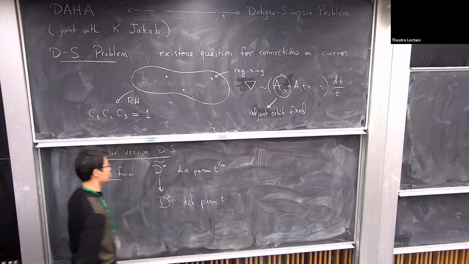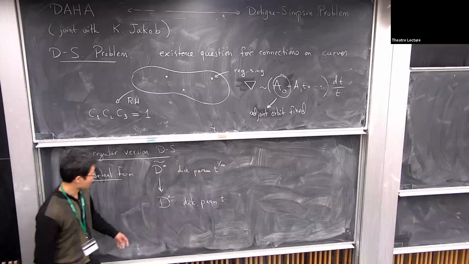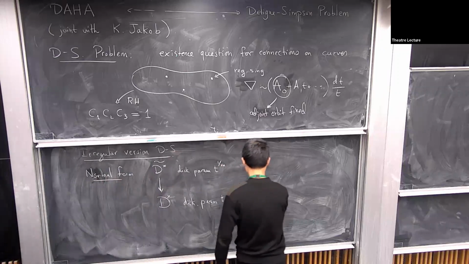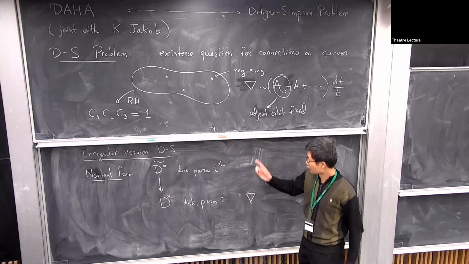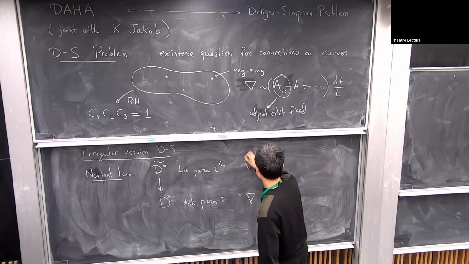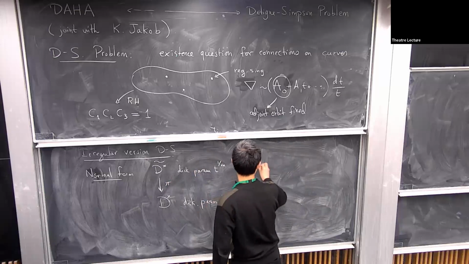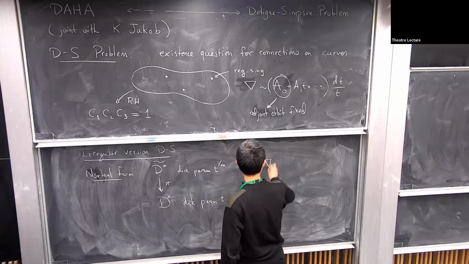This parameter is called t^(1/m). If I have a connection here, I can pull it back to this cyclic covering.